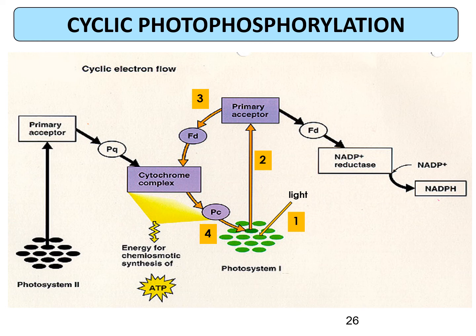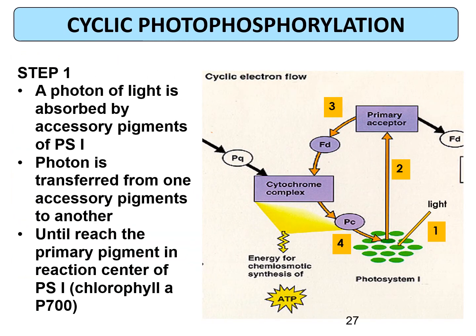Cyclic photophosphorylation. In cyclic photophosphorylation, the photosystem that is involved is only PS1. So mention photosystem 1. A photon of light is absorbed by accessory pigments of photosystem 1. We cannot just say photosystem, we have to mention photosystem 1. Then the photon is transferred from one accessory pigment to another until it reaches the primary pigment.